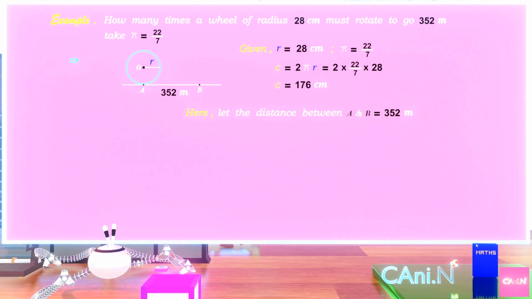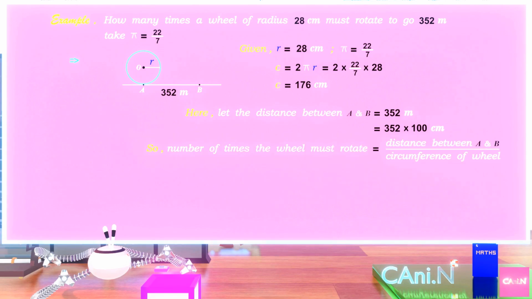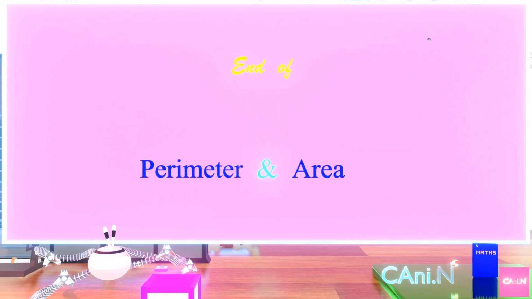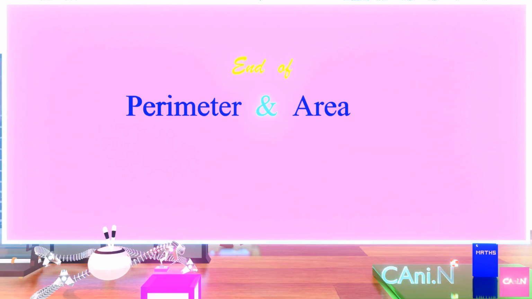Here, let the distance between A and B equals 352 meters, equals 352 into 100 centimeters. So, number of times the wheel must rotate equals distance between A and B divided by circumference of wheel, equals 200 times. This ends our topic on perimeter and area.